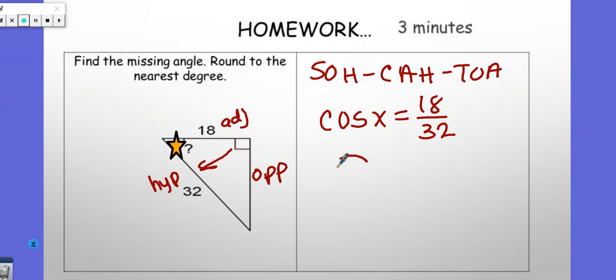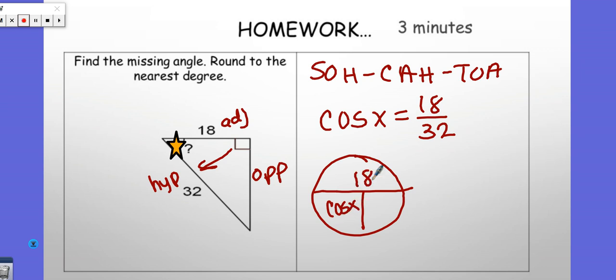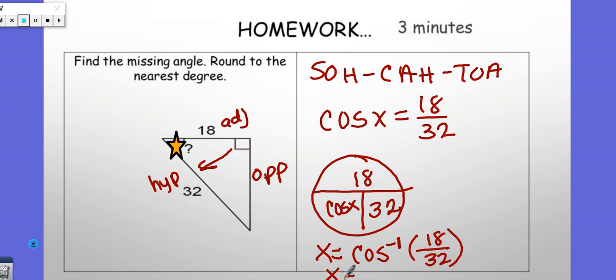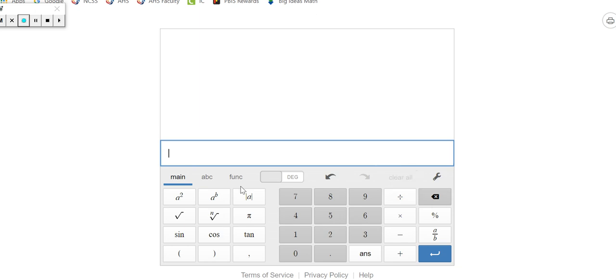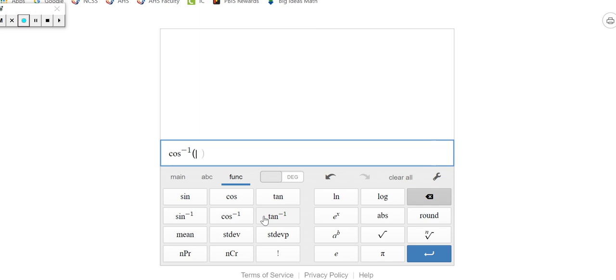And there we're going to draw a circle. Cos x, 18, 32. And then here we need to find that x, so we're going to say x equals the cos inverse of 18 over 32. So we're going to go to Desmos again, and we're going to clear this out, and we're going to say function, and we want our cos inverse.